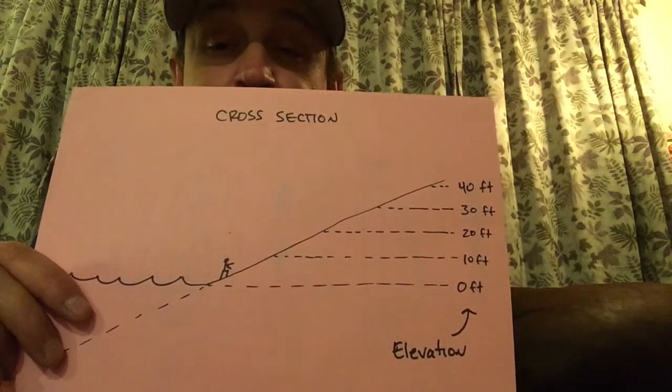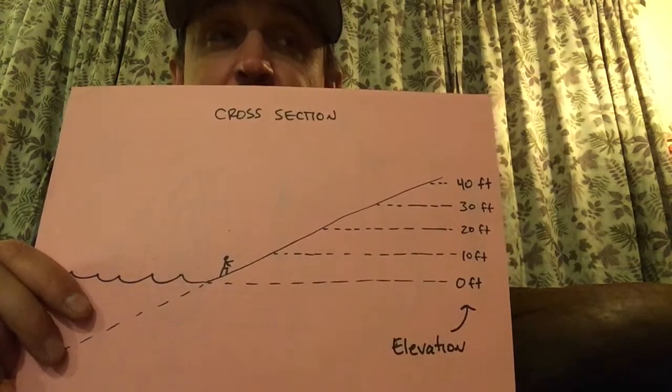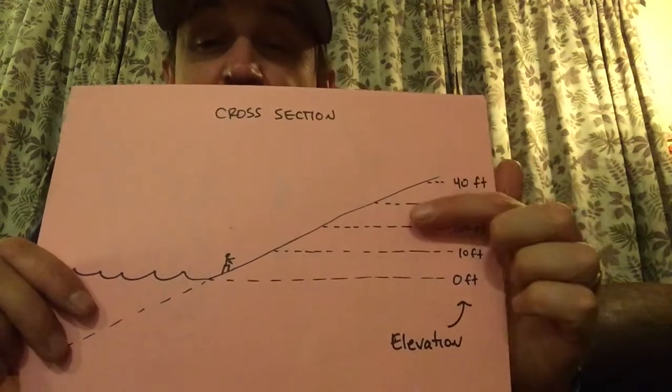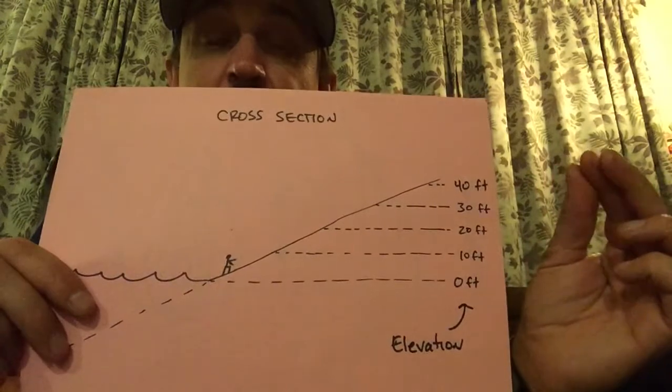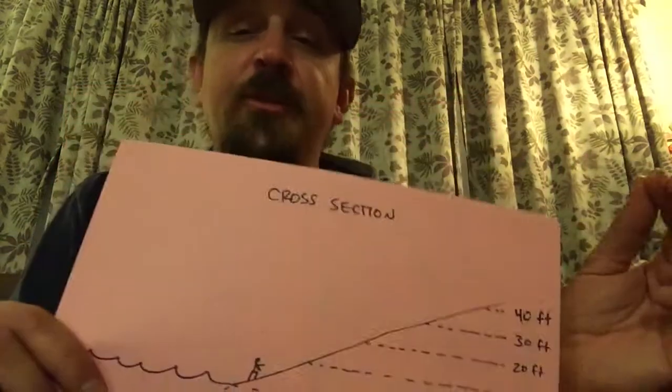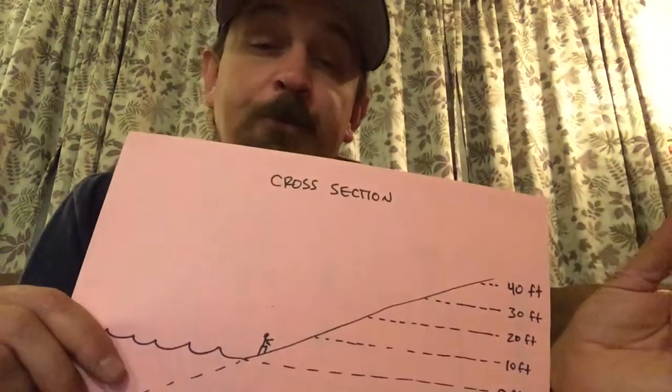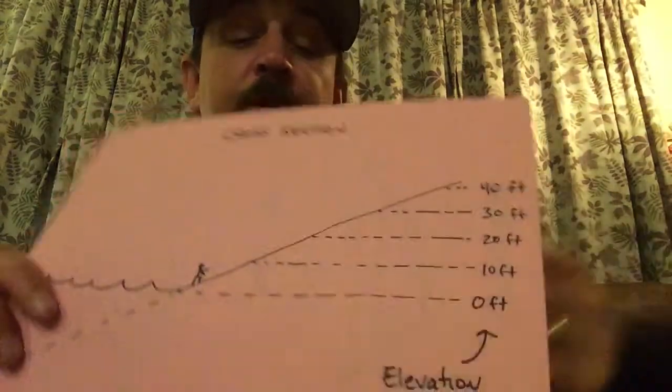And so if we realize that every topographic line is a line where anywhere on that line is the same distance above sea level, then we will recognize that topographic lines are basically level.